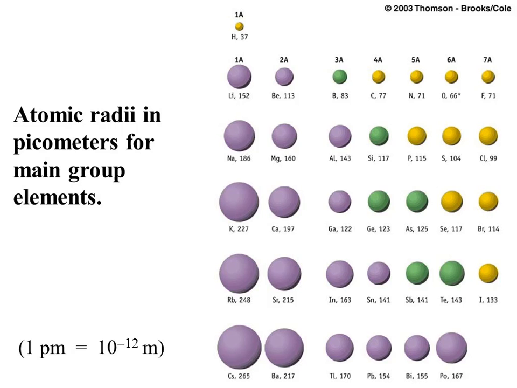So again, you can see from fluorine to lithium, lithium has 152 picometers as the radius between the nucleus and the outside of the electron cloud. Fluorine is 71 picometers. It's got 9 electrons versus 3 electrons. But you clearly see the trend going down. If you're in the group going down, it's going to get larger.